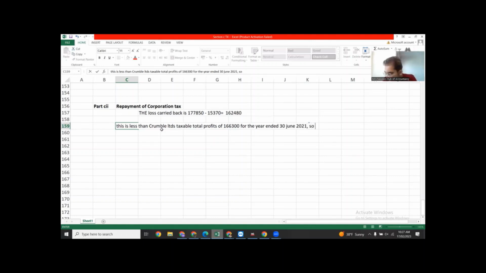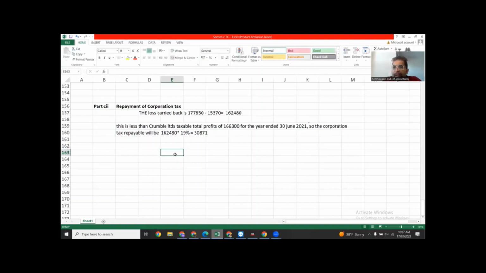So the corporation tax repayable will be 162,480 times 19%, which is 30,871. That's it. This amount of refund, 30,871, you will get back.